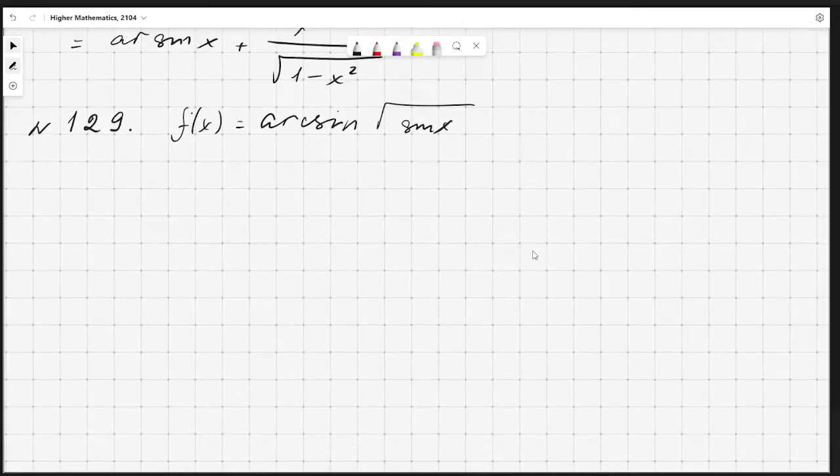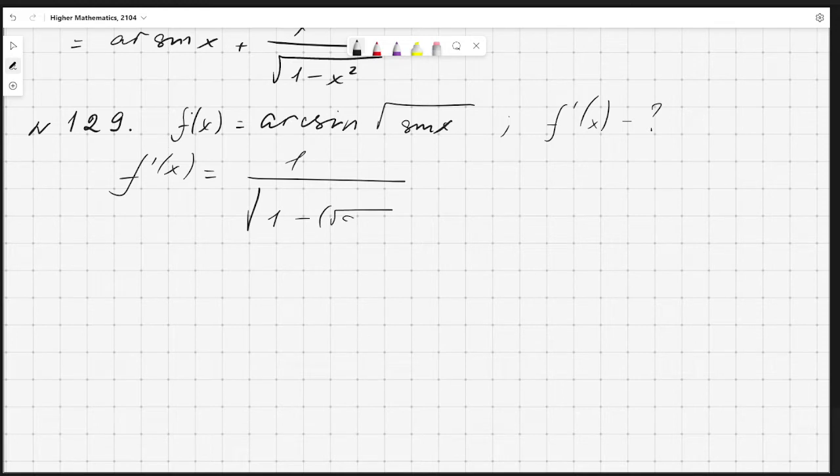This is composite of two functions: arcsine of u, and u is square root of sine of x. Find derivative as derivative of composite function. F prime of x is derivative of arcsine, 1 over square root of 1 minus argument squared, times derivative of argument.